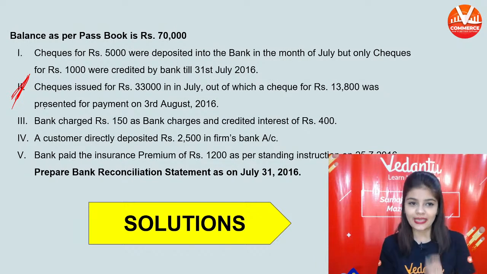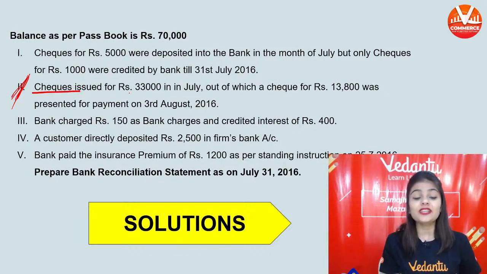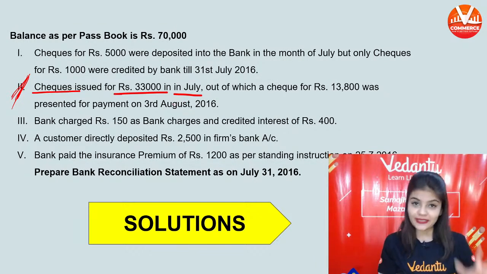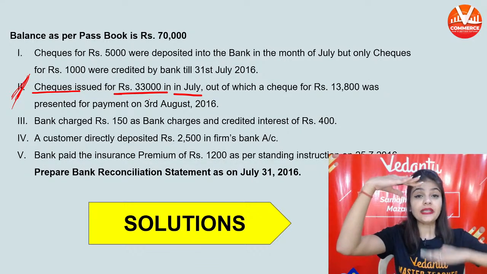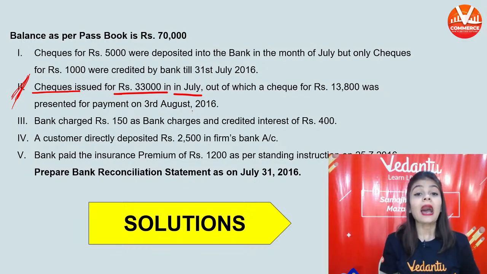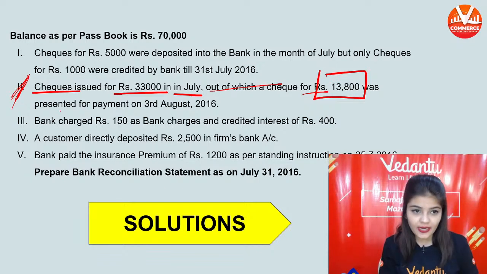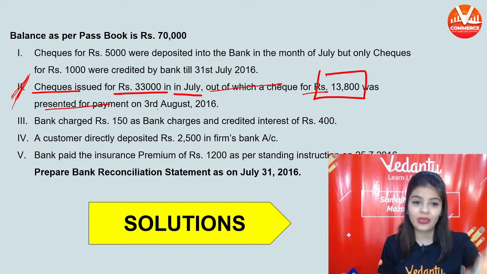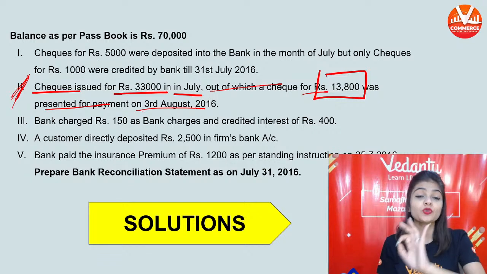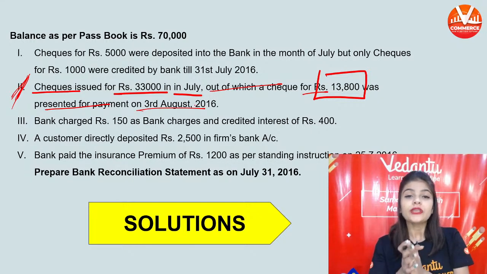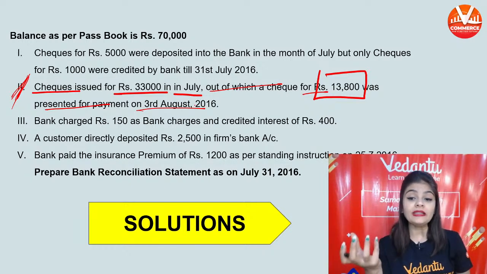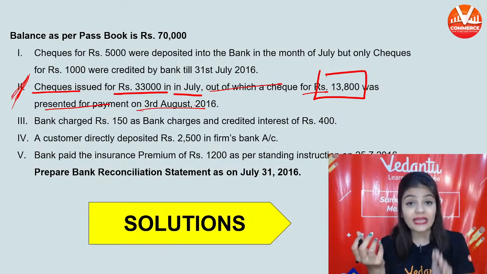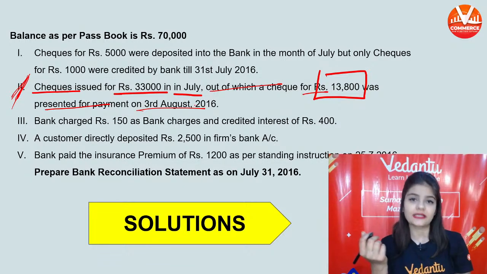Coming back to the second point, check issued for 33,000 in July. We issued checks of 33,000, out of which a check for 13,800 was presented for payment on 3rd August 2016. So here it says that a check of 13,800 is presented on 3rd August.